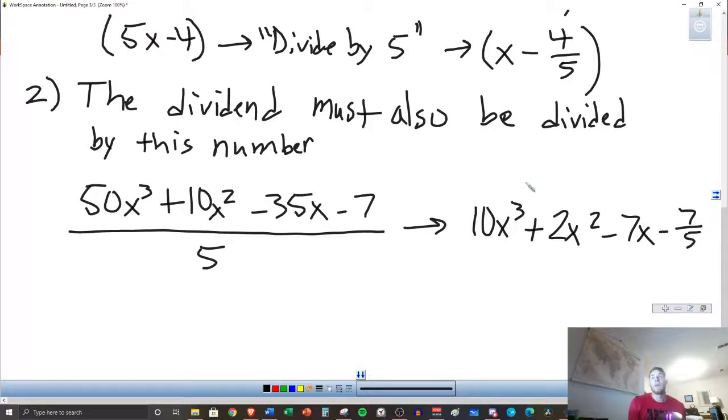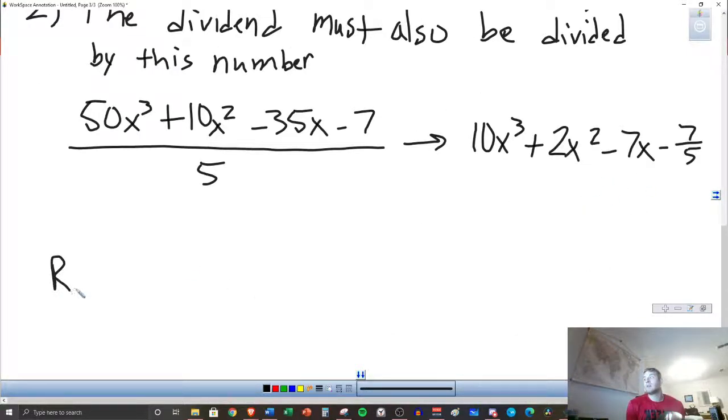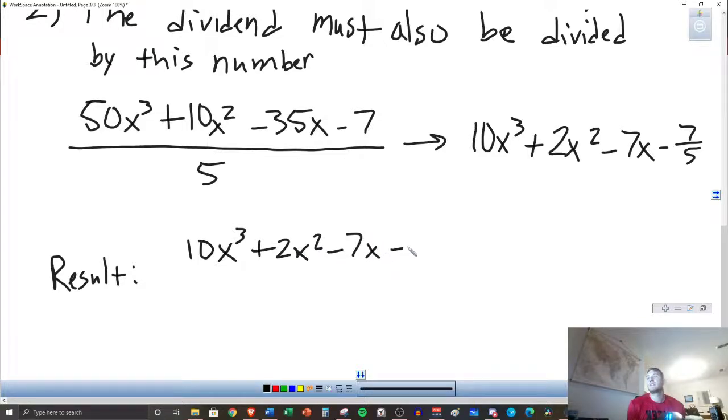So here is our new dividend. Our result will now be 10x cubed plus 2x squared minus 7x minus 7 over 5, divided by our new divisor, which is x minus 4 over 5.